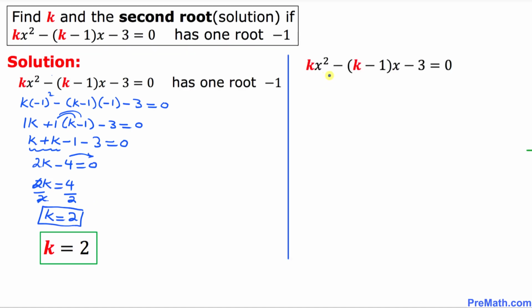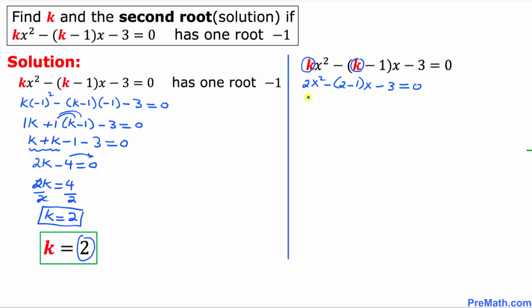And now in our next step, as you can see, this is our given quadratic equation and we figured out our k value. So wherever we see k, we are going to replace it with the k value 2. So this simply becomes 2x squared minus (2 minus 1) times x minus 3 equal to 0.